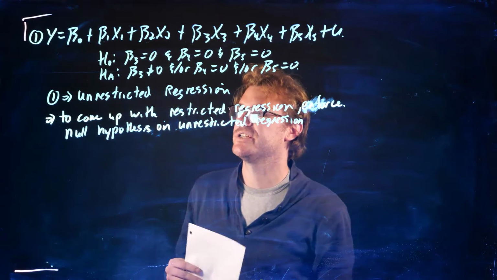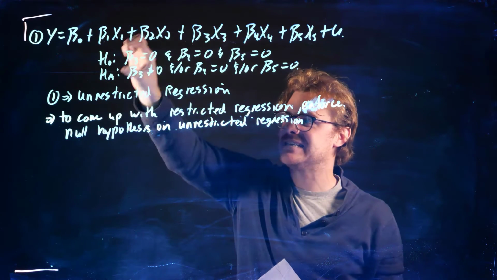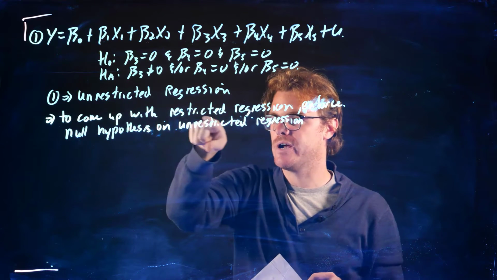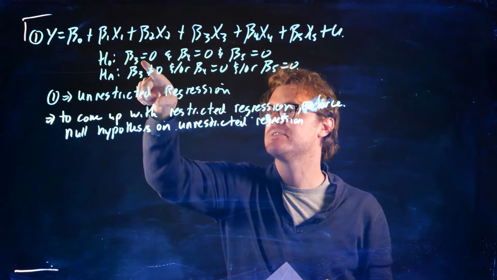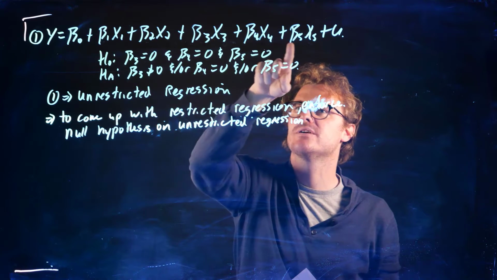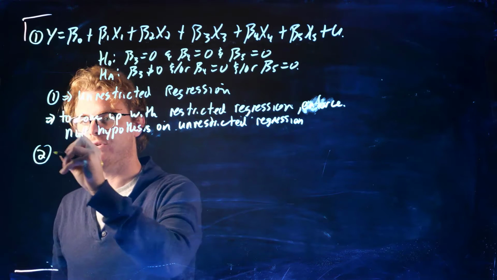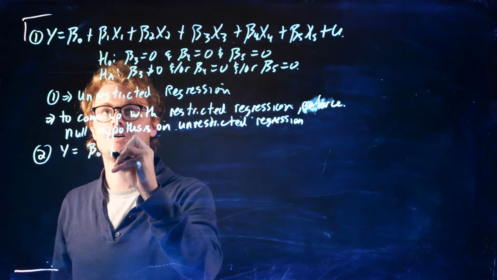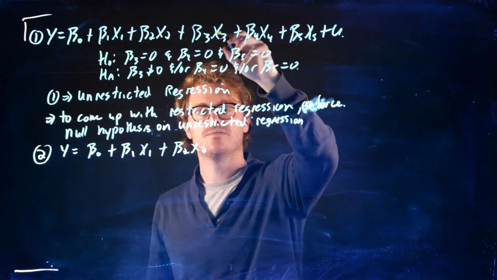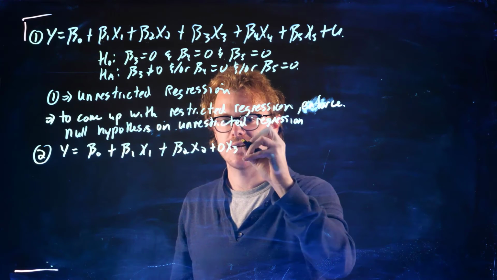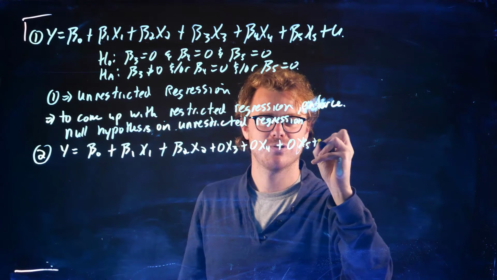So our unrestricted regression is the original regression before we're enacting any of these tests. But to come up with our restricted regression, which we're going to use to do this test, we're going to enforce this null hypothesis. Our null hypothesis is that beta 3 equals 0, beta 4 equals 0, and beta 5 equals 0. So let's call this regression 2: y equals beta 0 plus beta 1 x1 plus beta 2 x2, and now for this restricted regression, plus 0 times x3 plus 0 times x4 plus 0 times x5 plus u.